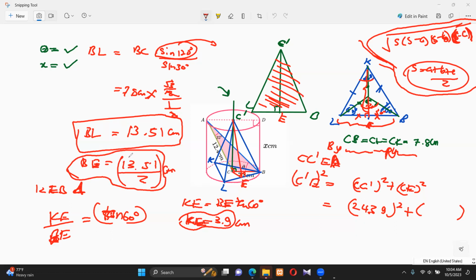BE equals half of this one, then KE over BE equals tan 60 degrees, that's all right. Then KE equals BE times tan 60 degrees. What's wrong with it?